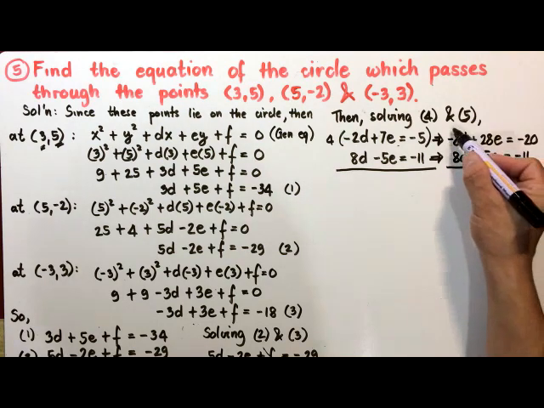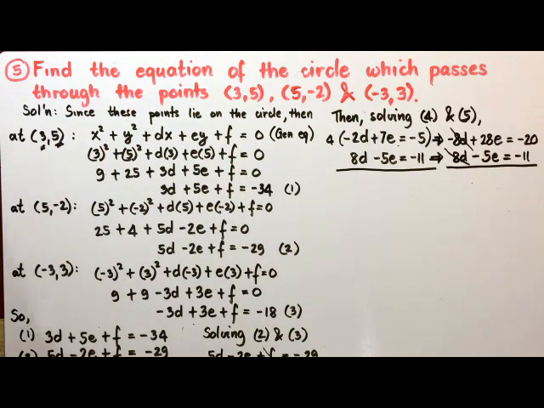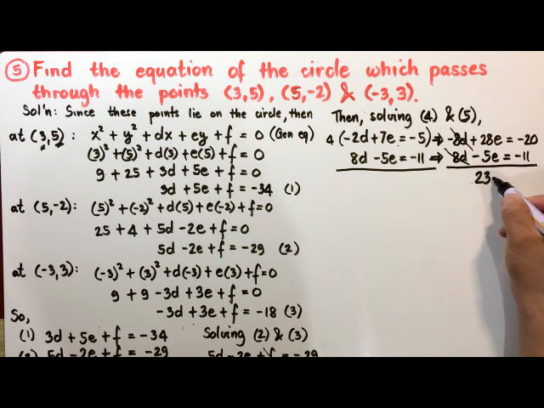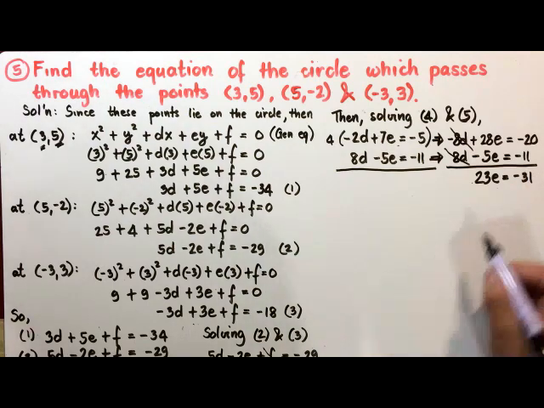And then adding, that cancels. 28 minus 5 is equal to positive 23. So 23e is equal to the negative 31. So what is my e?